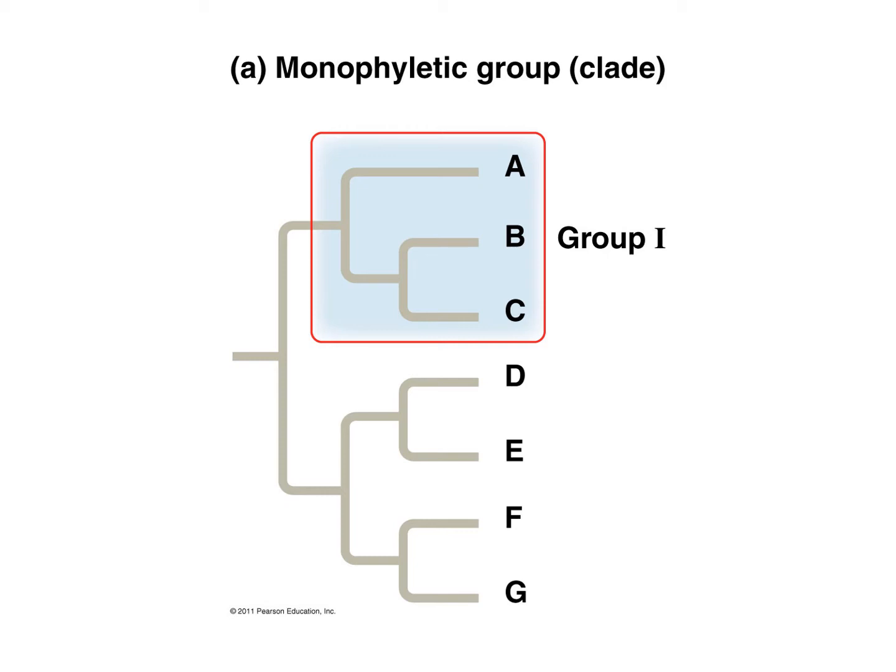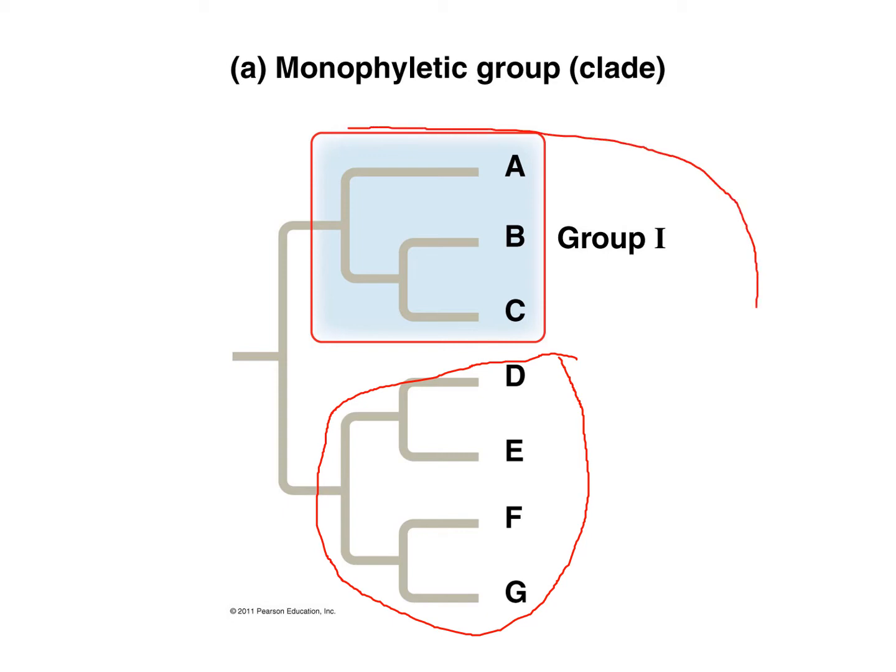It is not the only monophyletic group on this tree. In fact, a second monophyletic group could be created here by including D, E, F, and G plus their most recent common ancestor. And the largest monophyletic group is in fact the entire tree, right? So these monophyletic groups can be nested within each other.